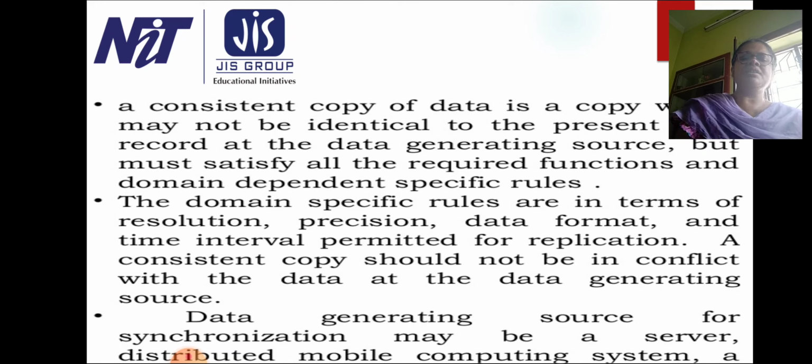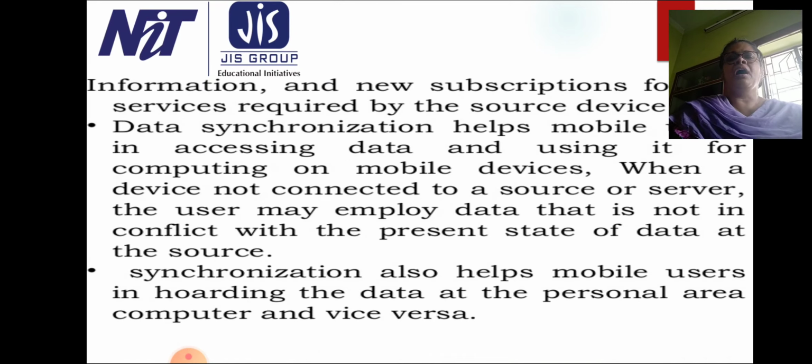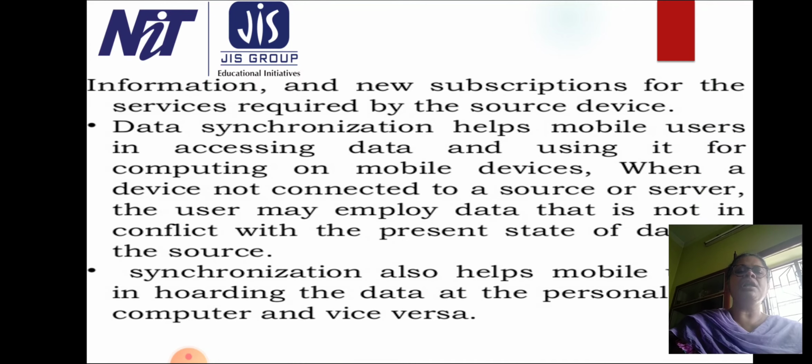A consistent copy should not be in conflict with the data at the data generating source. The data generating source for synchronization may be a server, a distributed mobile computing system, information and new subscriptions for the services required by the source device.